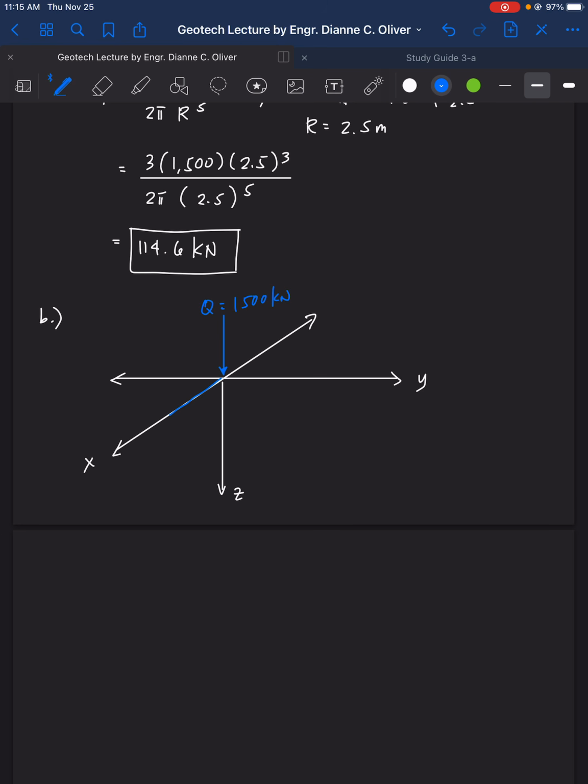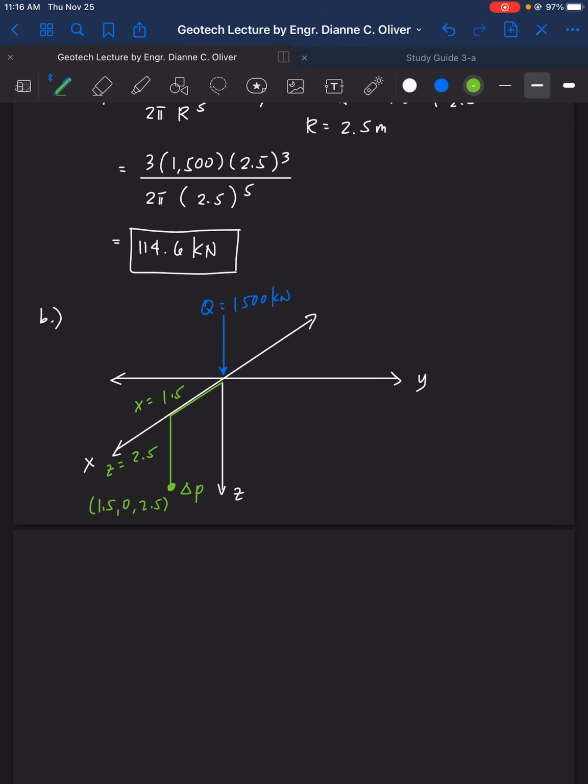So we have here, then downward. Alright, so that's our 1.5 and then 2.5. X 1.5, z equals 2.5. This is our point for delta P. So our delta P here is 1.5, 0, 2.5.